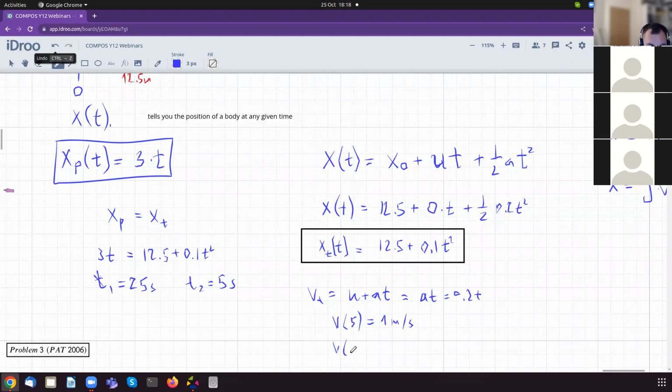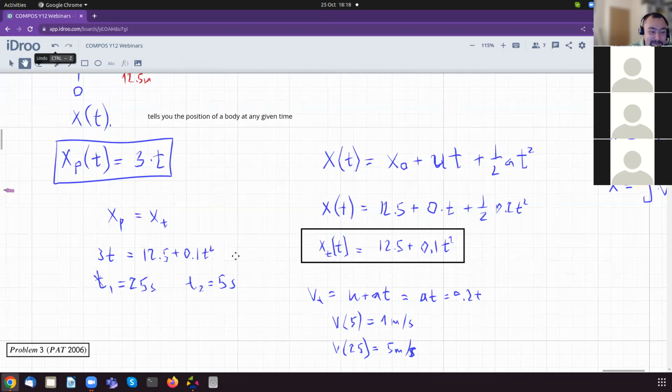And velocity at 25 is going to be 0.2 times 25, which is 5 meters per second. Now, first of all, it's pointless running past the train and then waiting until the train catches up with you. And secondly, jumping into a train at 1 meter per second is relatively safe, whereas jumping into a train at 5 meters per second is definitely unsafe.